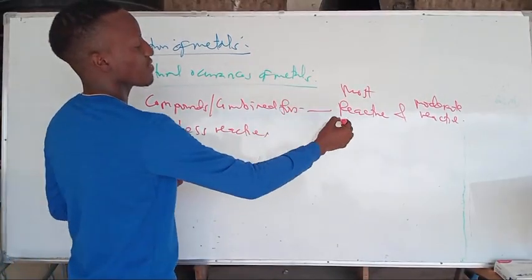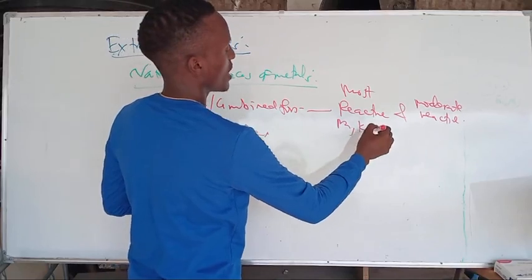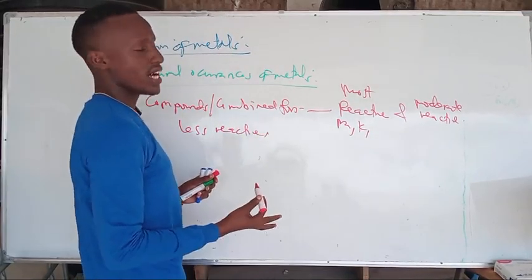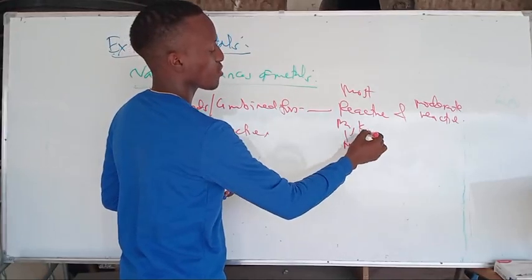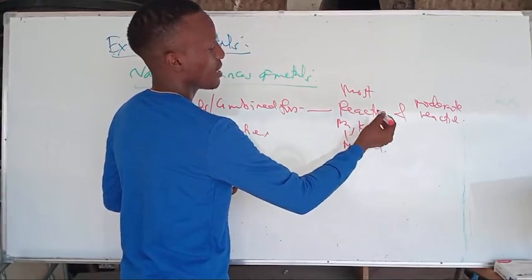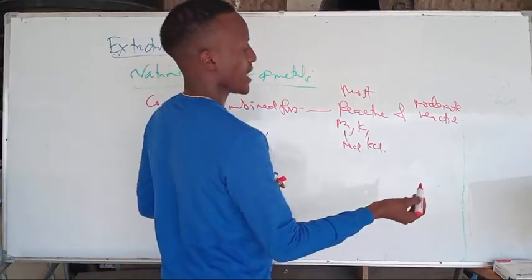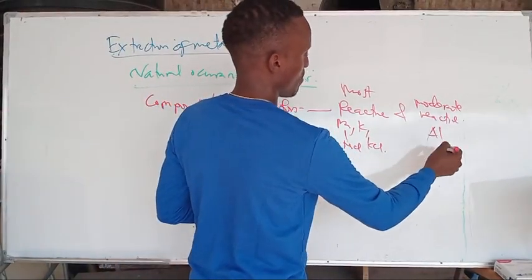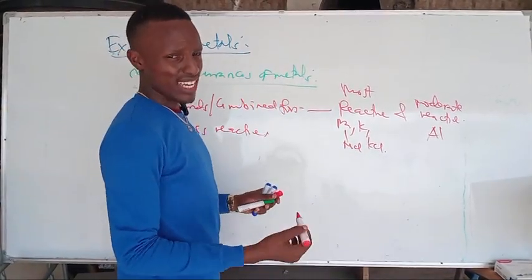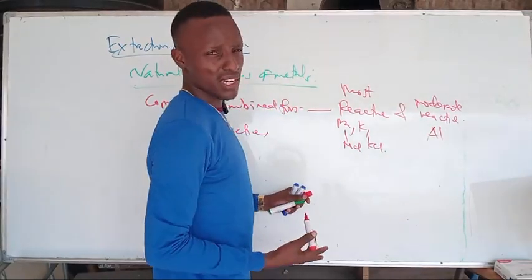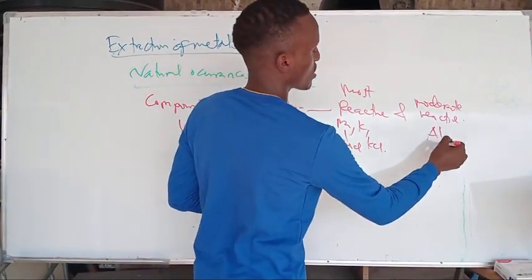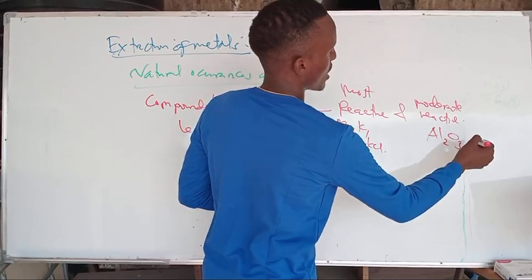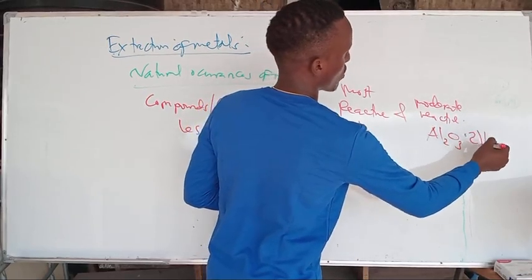The most reactive, like sodium and potassium, occur in combined form, like sodium chloride and potassium chloride. The moderately reactive, like aluminium, tend to occur as oxides. The chief ore is bauxite, which is aluminium oxide with water of crystallization.